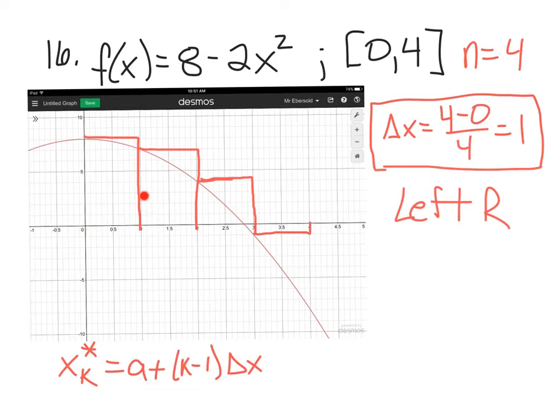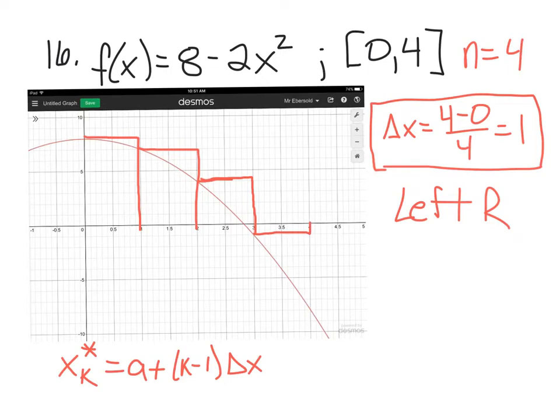So here is the height we would use on our second interval. Okay, the third interval, which would be here, we're going to use a plus 3 minus 1, so 2 changes in x. So a plus 1 change of x, 2 changes of x, that's what we're going to plug into our function to get the height.